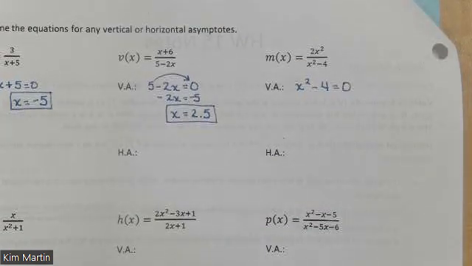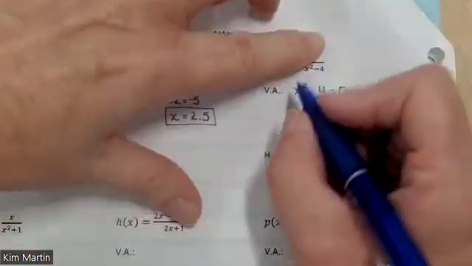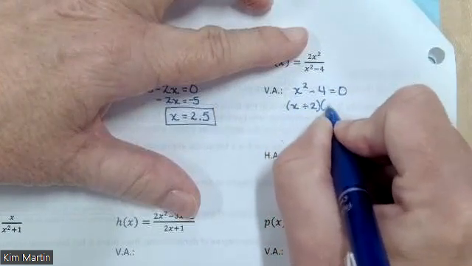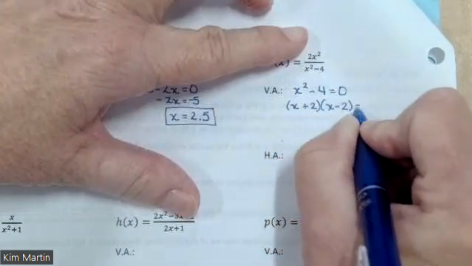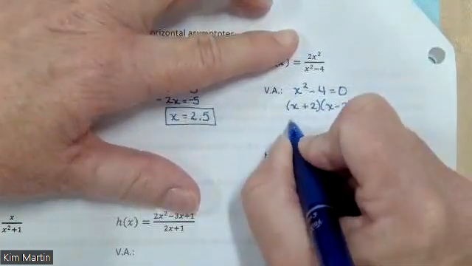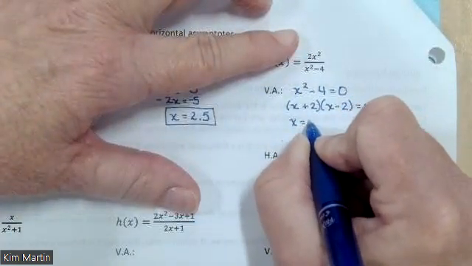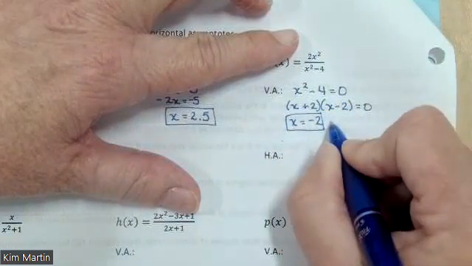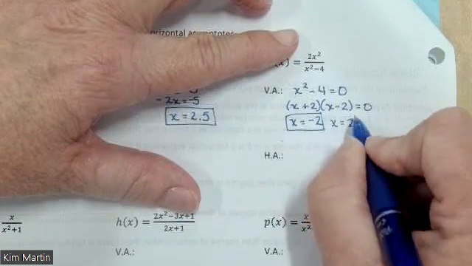It's just that those of you that would take the 4 to the other side, then take the square root, make sure you take the positive and negative square root, which would be 2. Or, this is easy to factor, x plus 2, x minus 2 equals 0. So you have 1 at x equals -2 right there, and you have x equals 2 right here.